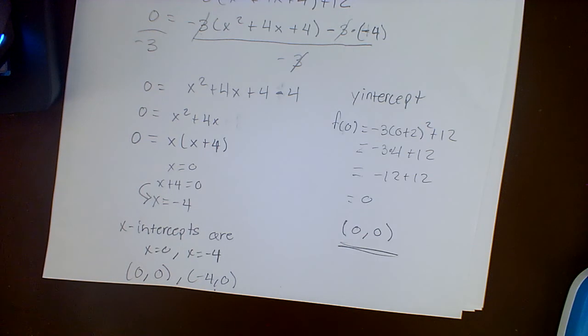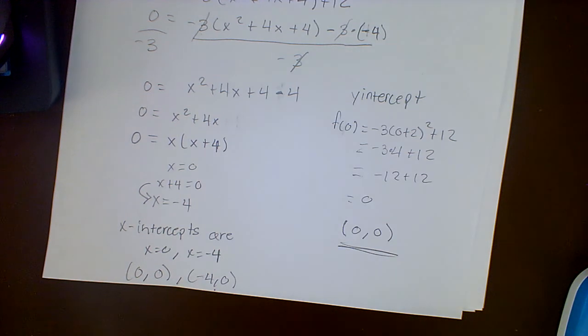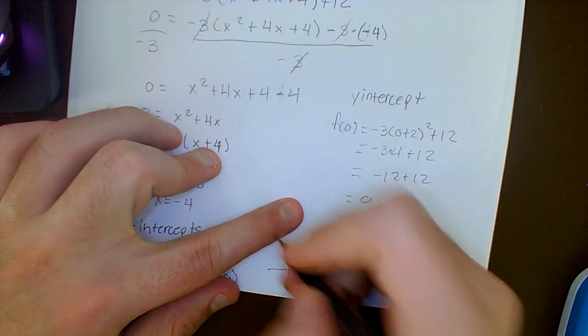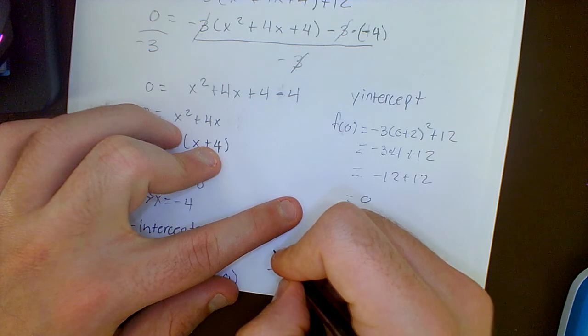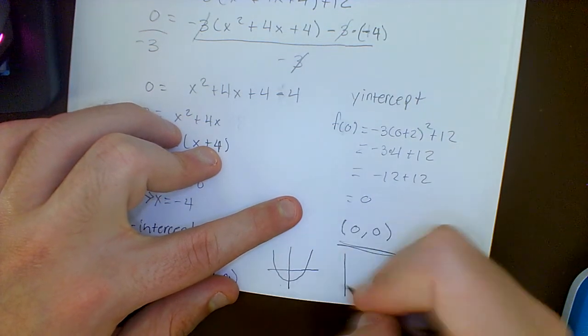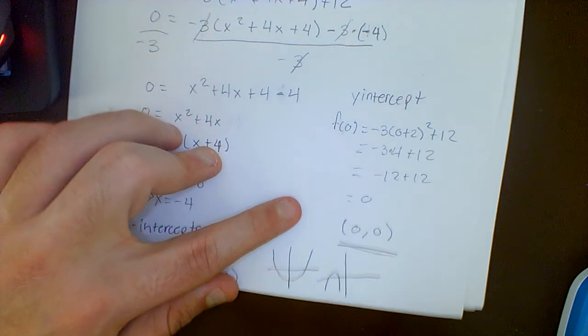So when you have a parabola, you're always going to have one y-intercept, and you're either going to have two x-intercepts, one x-intercept, or zero x-intercepts. Right? The three different situations here are, if you have two x-intercepts, it might look like this, or it might look like this.